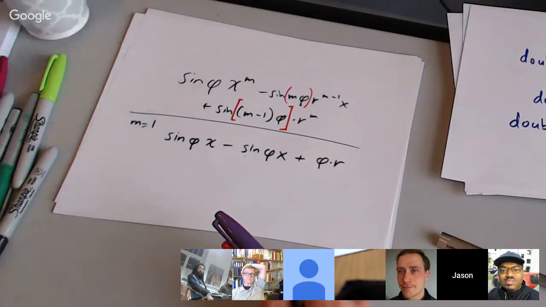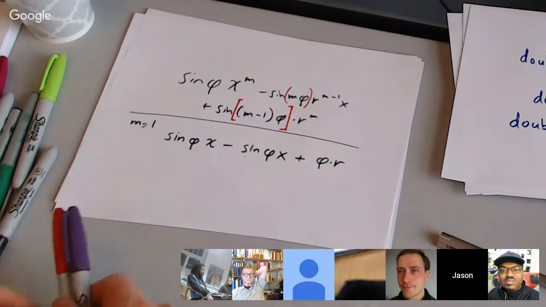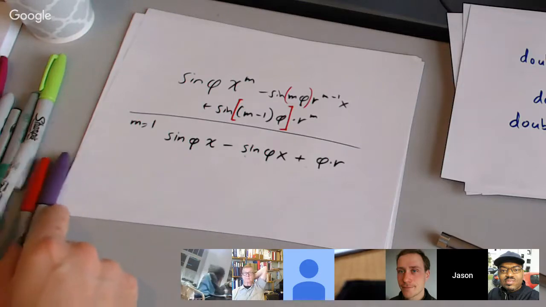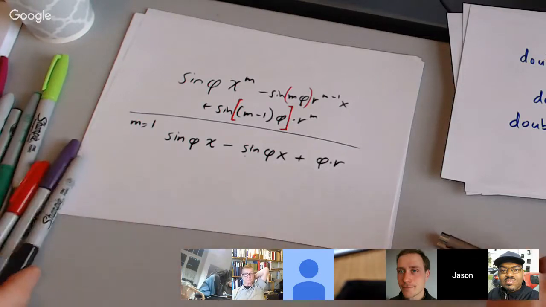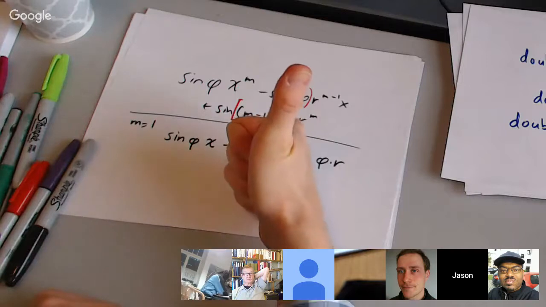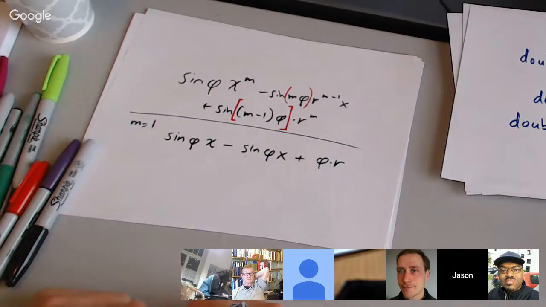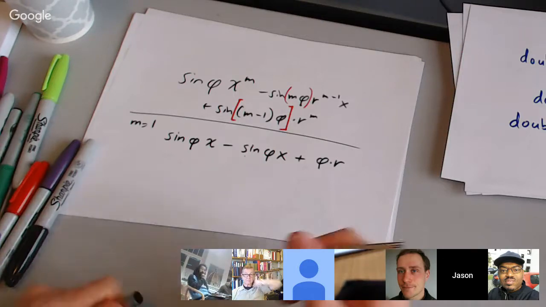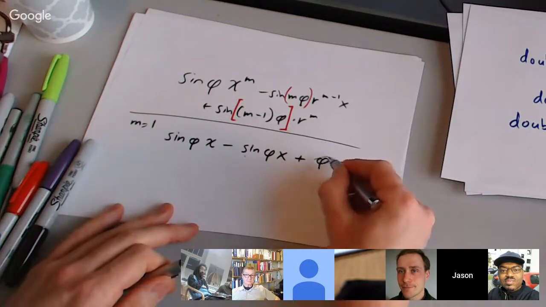Okay, so I think it'll be sine times 0, right? Sine of 0. Oh, sine, that's right. Sine of 0. That's right. Sine of 0.